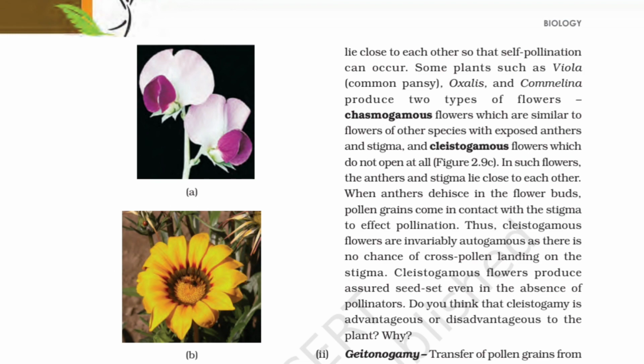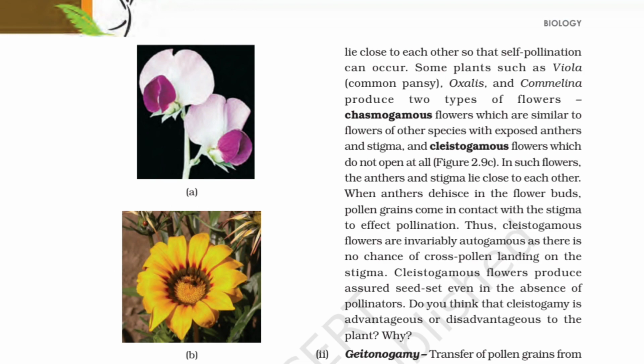Some plants such as Viola, that is common pansy, Oxalis and Commelina produce two types of flowers, that is chasmogamous flowers, which are similar to flowers of other species with exposed anthers and stigma, and cleistogamous flowers which do not open at all. In such flowers, the anthers and stigma lie close to each other.